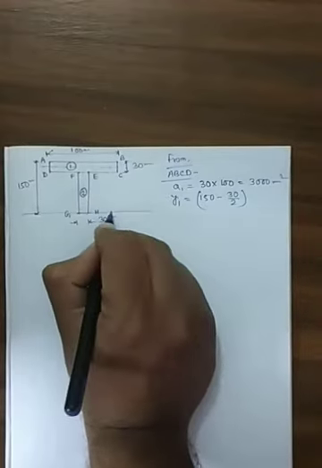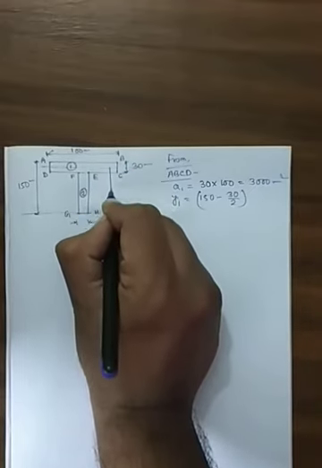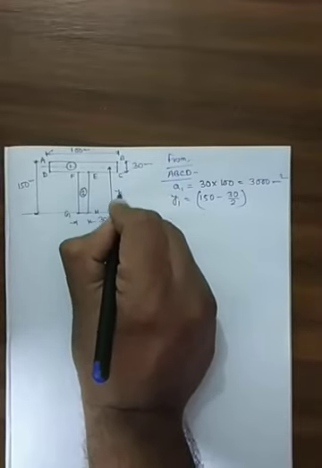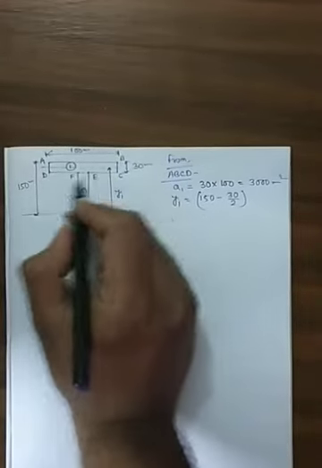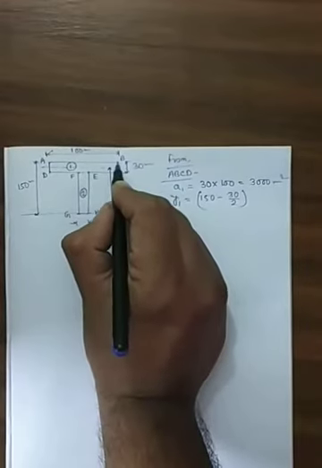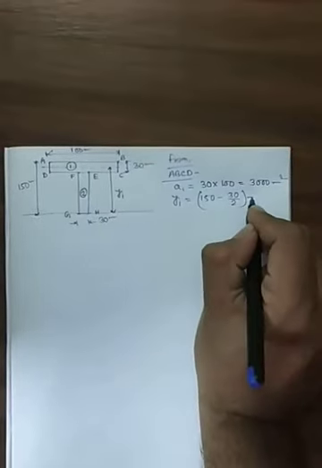That means we have to find out this one as y1. So this one is 150 and this one is 30 divided by 2. So y1 is equal to 135 millimeters.